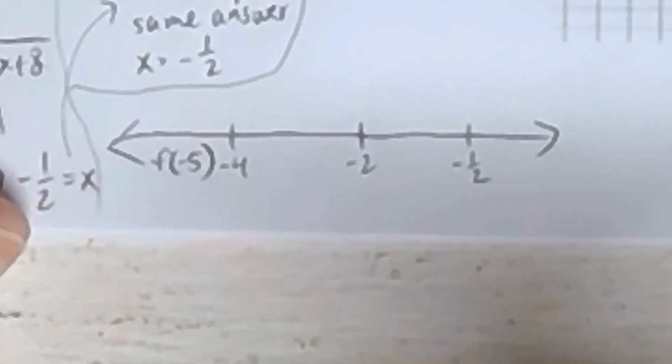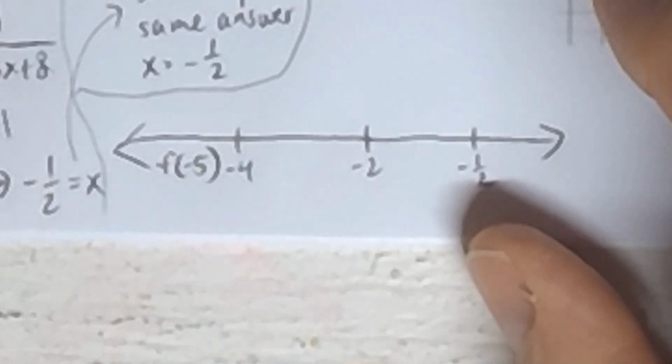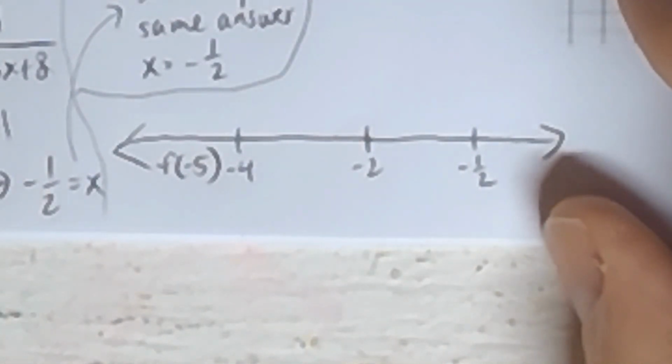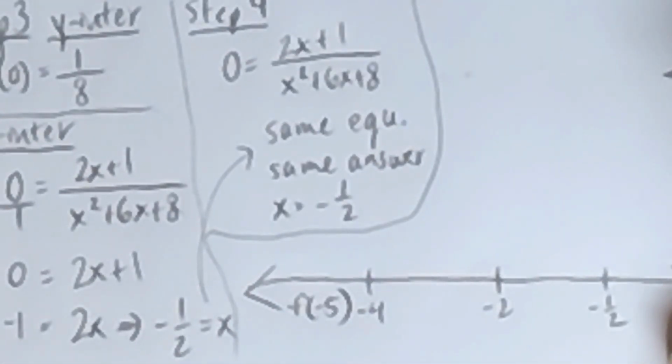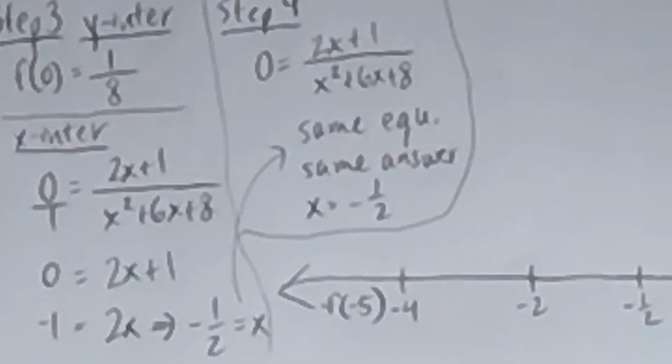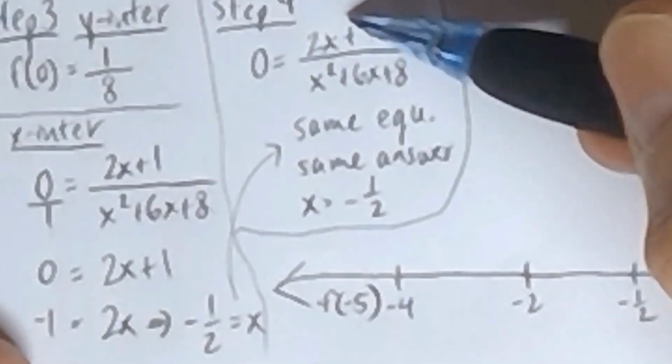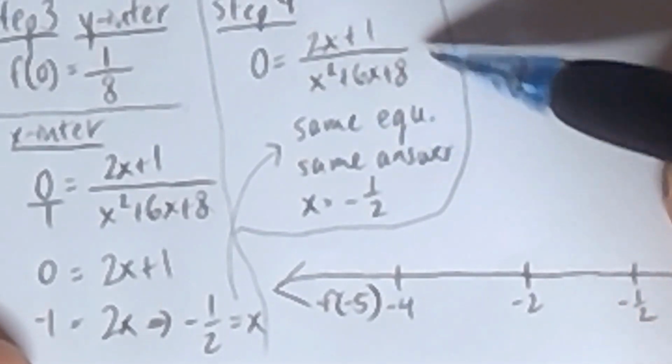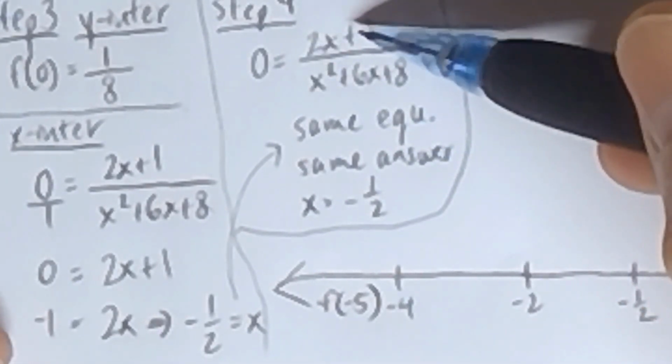There we go. F of negative 5. If I plug that into the function, this is the function right here, so we can just look at this.